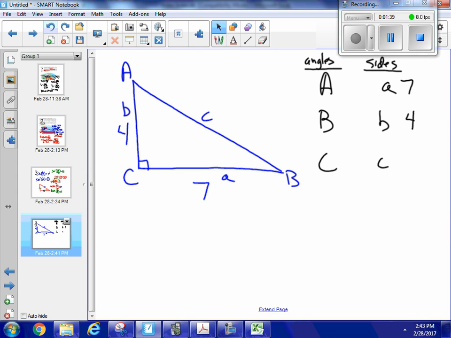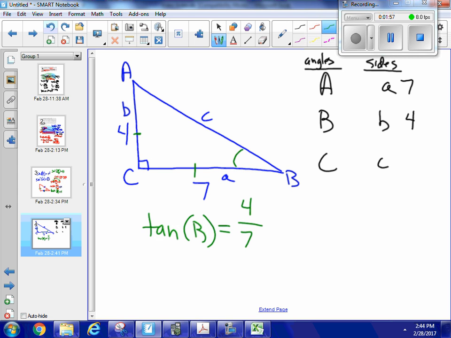Well, let's try and figure out what is angle B. The tangent of angle B is going to be opposite, which is side B, 4, divided by adjacent, 7. Remember SOHCAHTOA, that's our TOA.